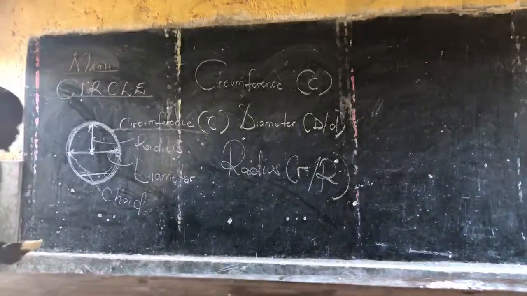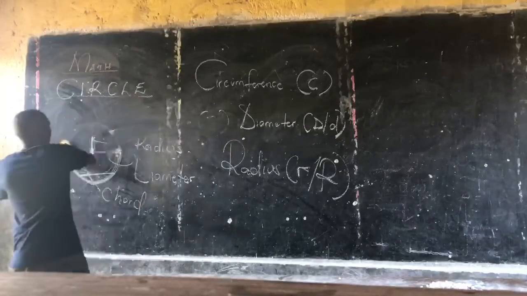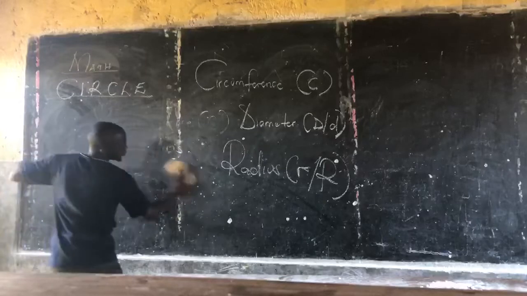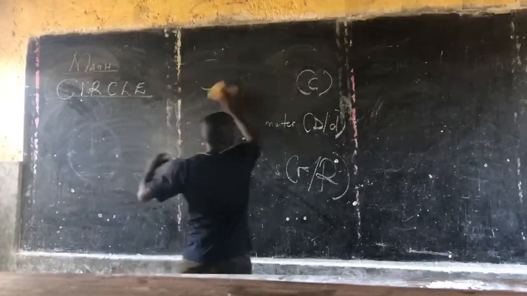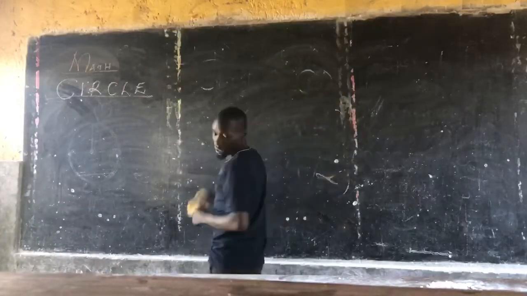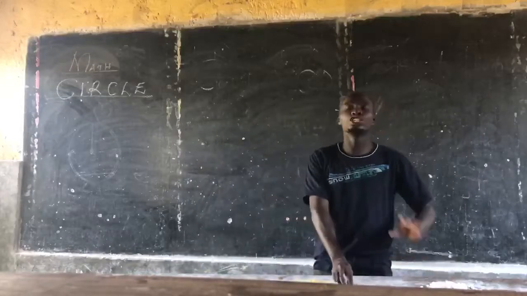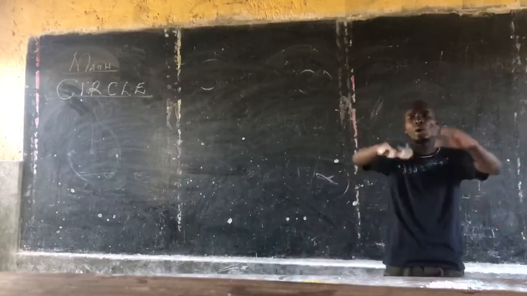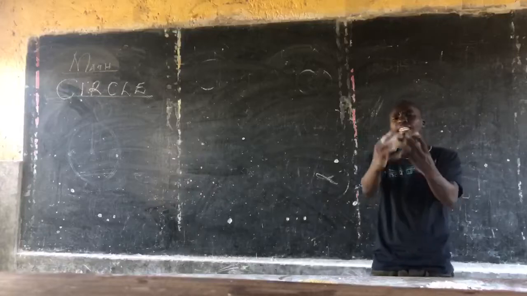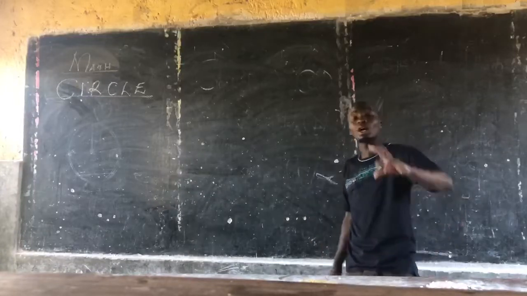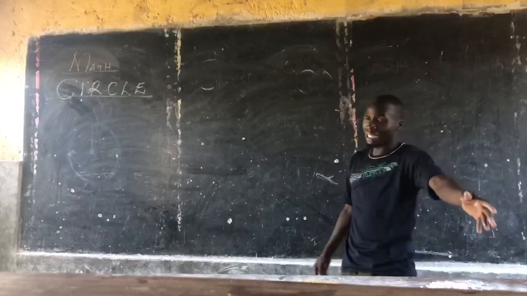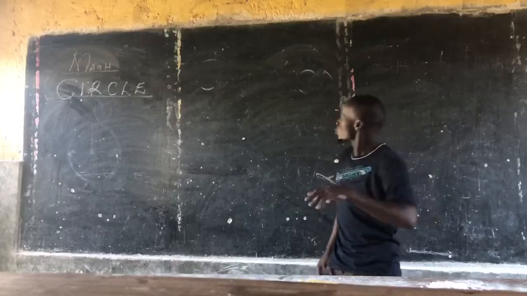From there, let us look at the relationship between the radius and the diameter of the circle. Why am I repeating all this? Because I want to talk about radius and diameter.